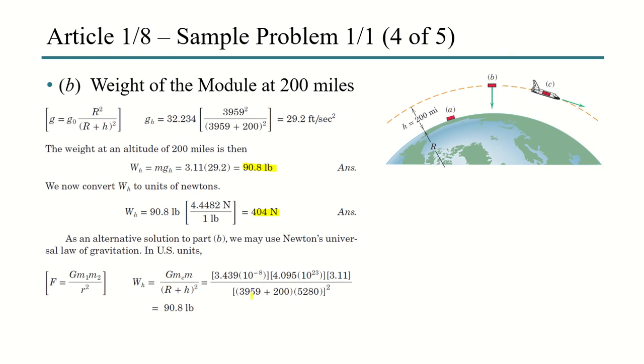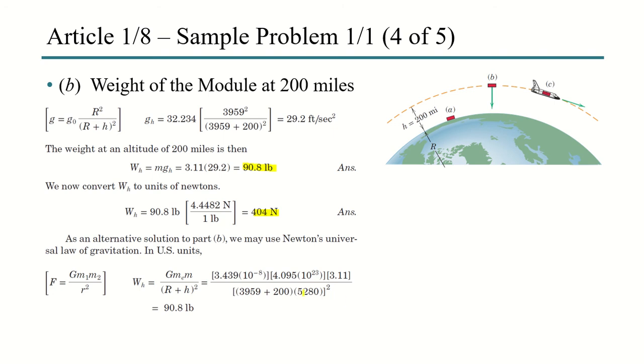So we have here our R, 359, in terms of miles, because we have the unit slugs here. Then we convert this one, because our gravitational constant is in terms of feet per second squared.